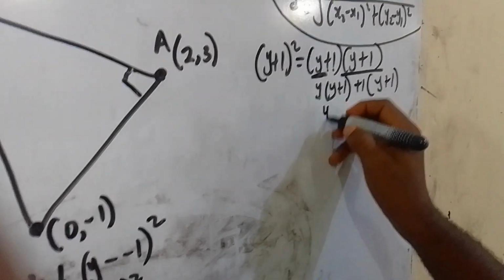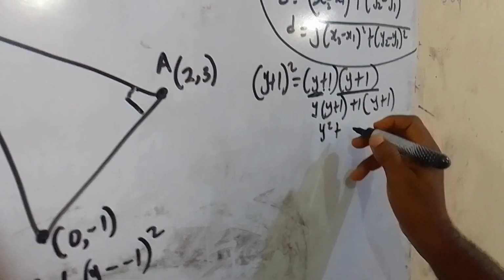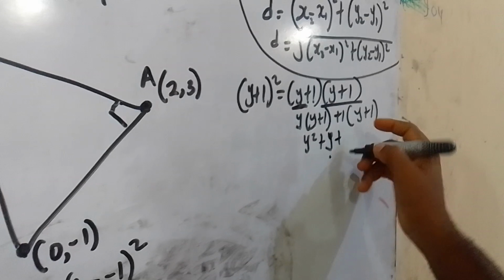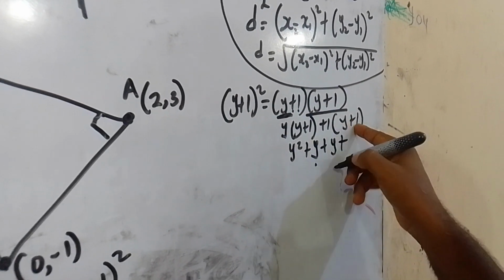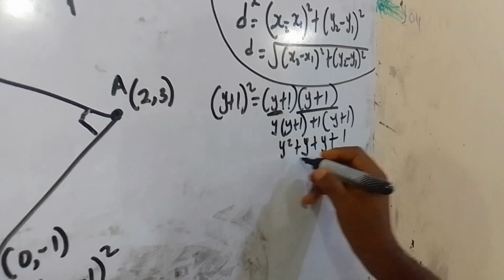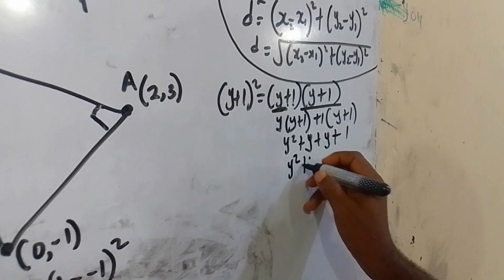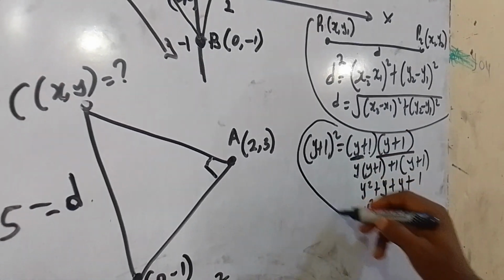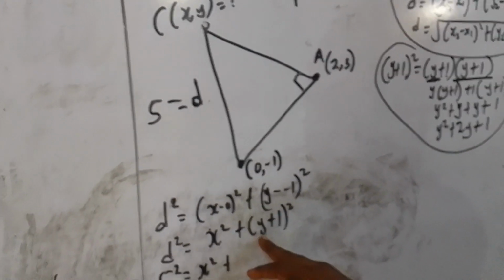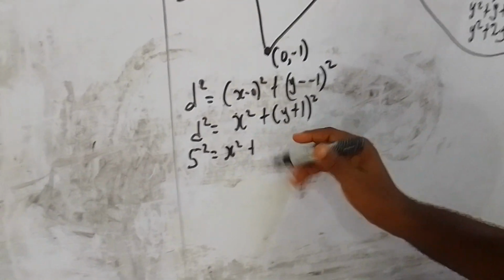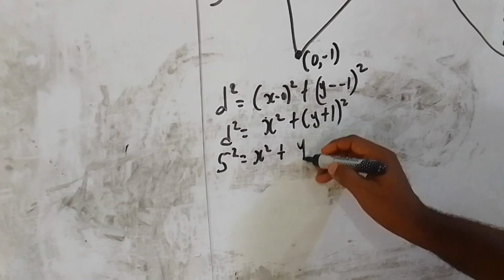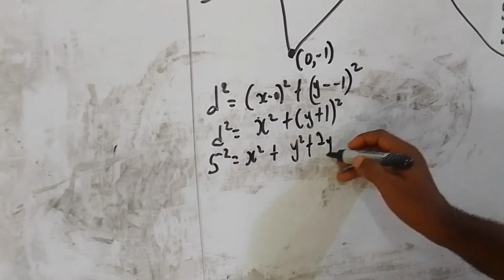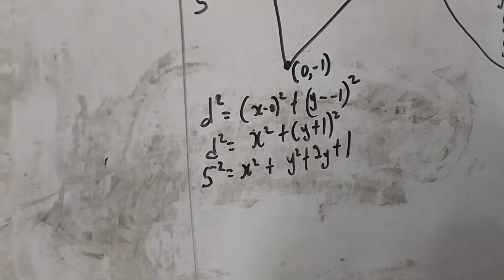So y times y, we have y square, plus y times 1, y, plus 1 times y, plus times plus is plus, 1 times 1 is 1. So we are having y square plus 2y plus 1. So that is y plus 1 square. I can write it as y square plus 2y plus 1.